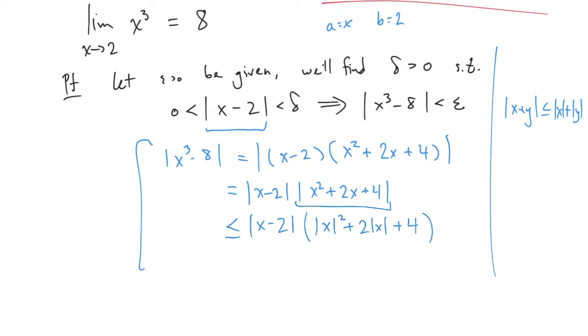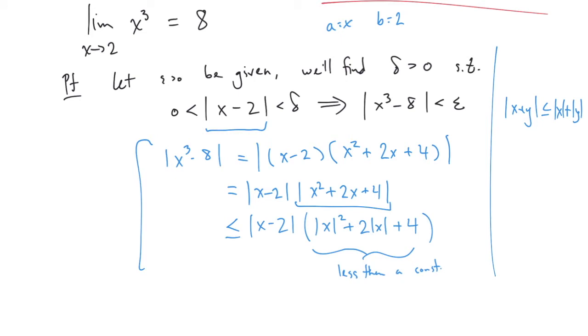And then the 4 at the end, absolute value 4 is the same as 4. So it's like that. And I put less than or equal in that step because I used the triangle inequality, which is an inequality. All right? And now I would like to say, can I make this one less than some particular constant?